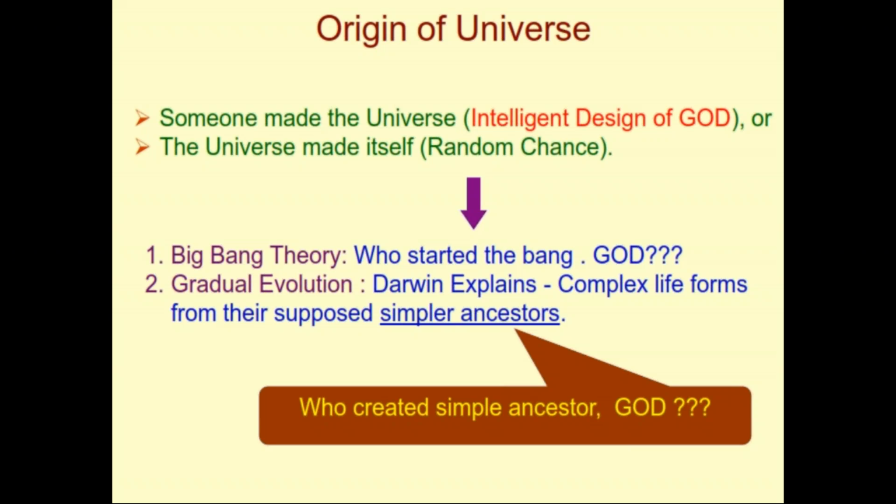Although we have more than 100 theories for the origin of this universe, two major theories are widely, or somewhat, accepted. One is the Big Bang theory, like an explosion of some material, and one is gradual evolution, given by Darwin.